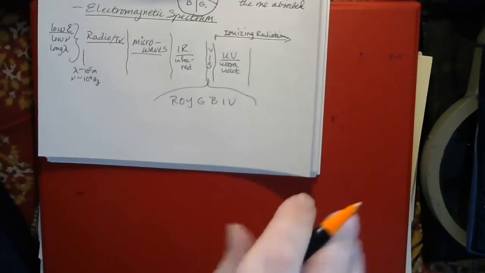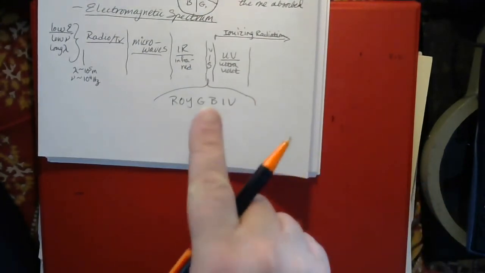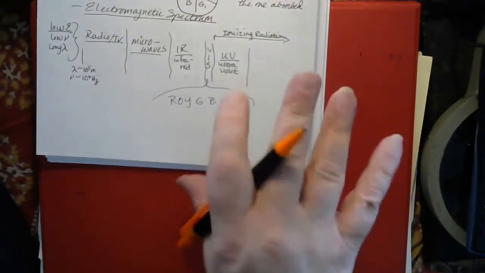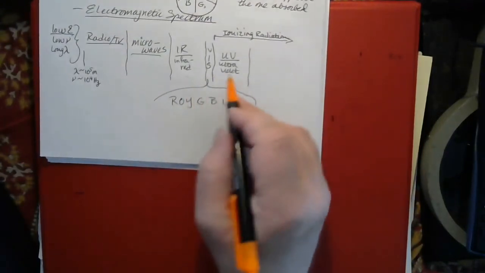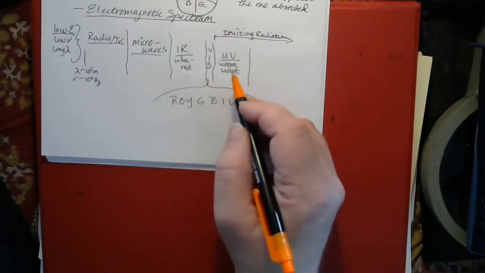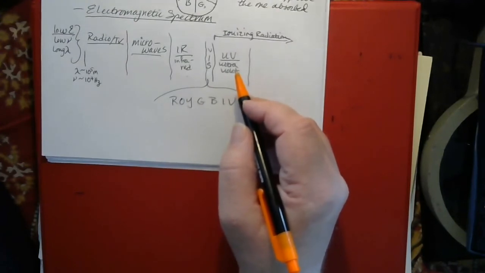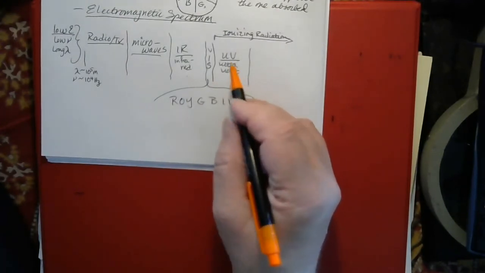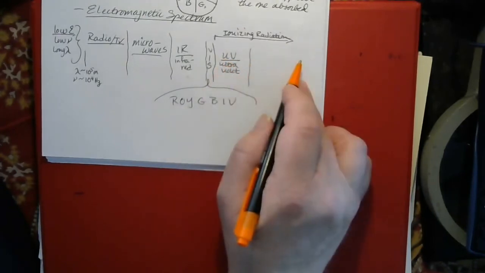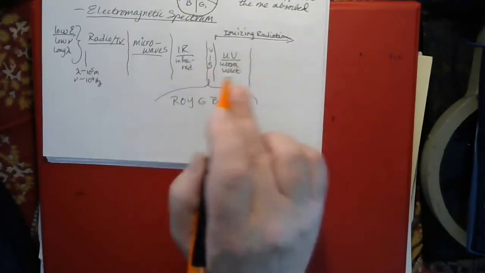Biological materials like, say, proteins or enzymes or DNA. And that's an important one because ionizing biological materials can do a lot of very bad things to your body, including cancer. And so from ultraviolet on up, you have to be very careful to limit your exposure to these types of radiation.